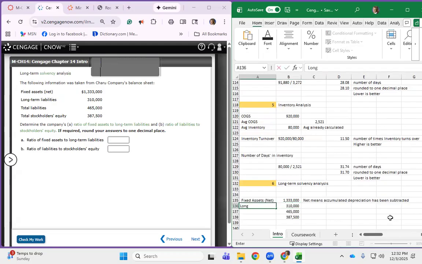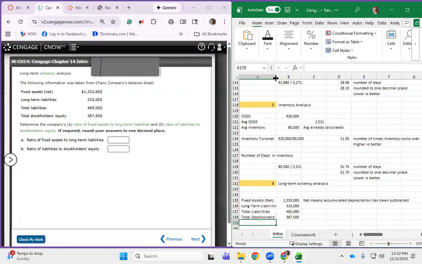Long-term liabilities and total liabilities and total stockholders' equity. Okay, total stockholders' equity.